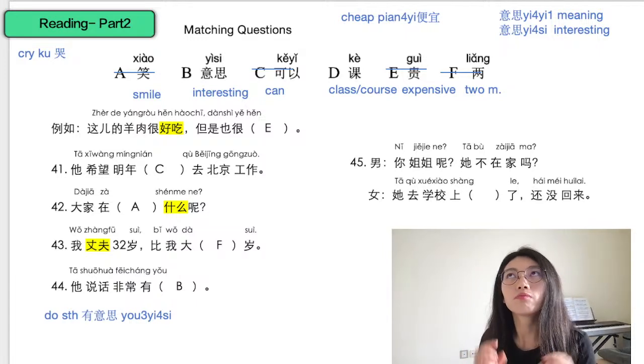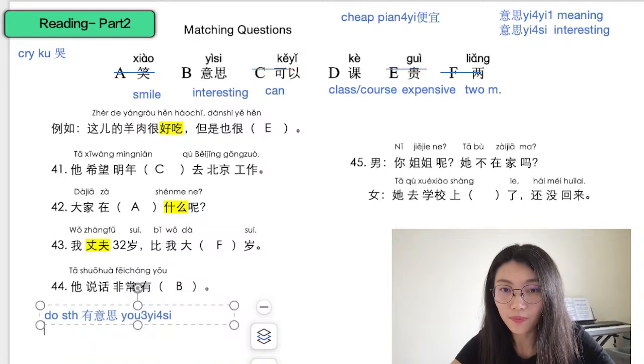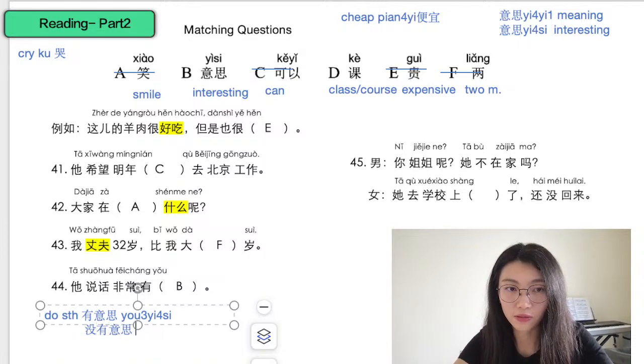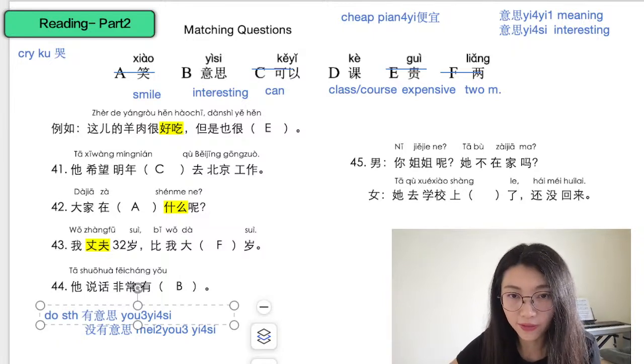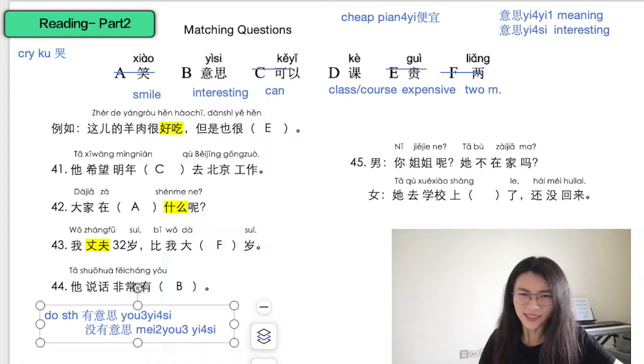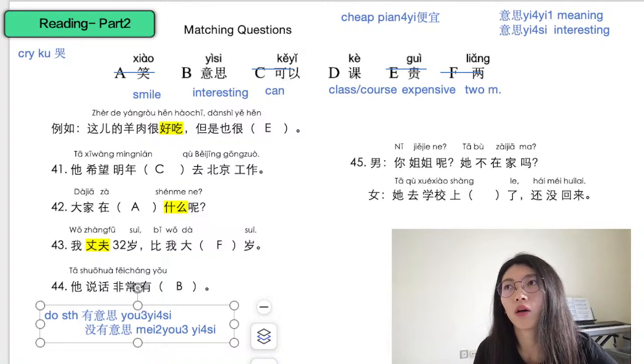How about not interesting? How to say that? We say 没意思 or 没有意思. For example, 学习没有意思, study is not fun.